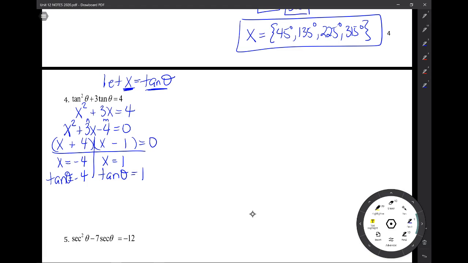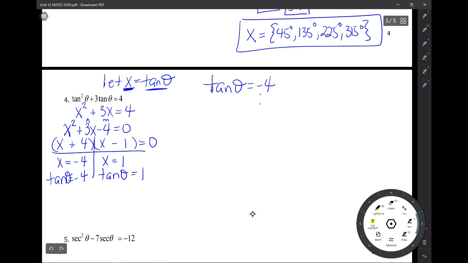So we have 2 different scenarios here that are going to produce 2 completely different values for theta, because negative 4 and positive 1 are not the same. That means the angle that produces those values should not be the same. So let's do one at a time. Let's think about tan theta equals negative 4.